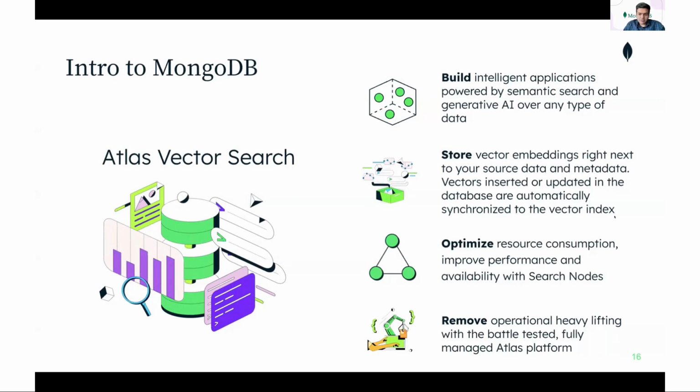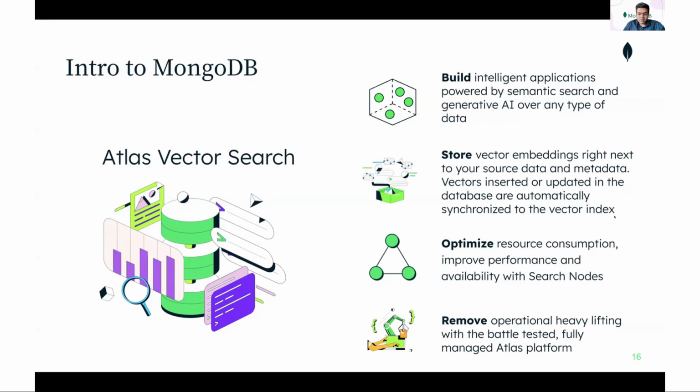So when you're able to store your vector embeddings right next to your metadata, first advantage it gets you is as that underlying data or metadata changes, MongoDB's vector search is able to keep things in sync without you having to put in any additional layers for ETL as your data changes, right? So it's automatically synchronized to the vector index.